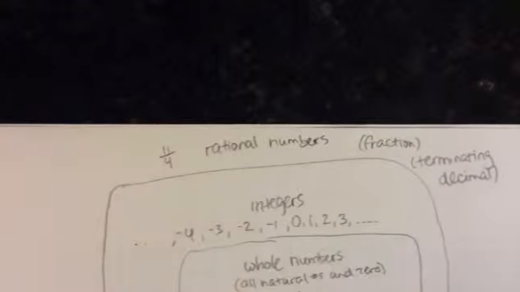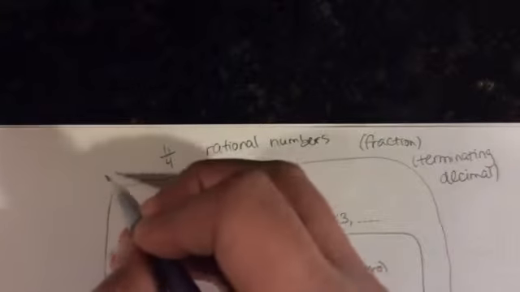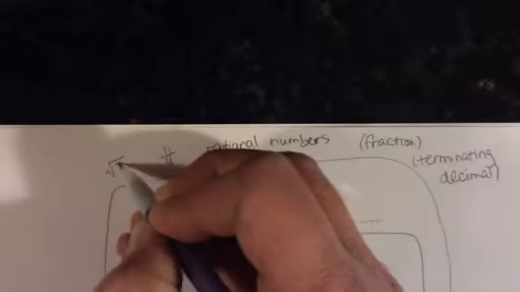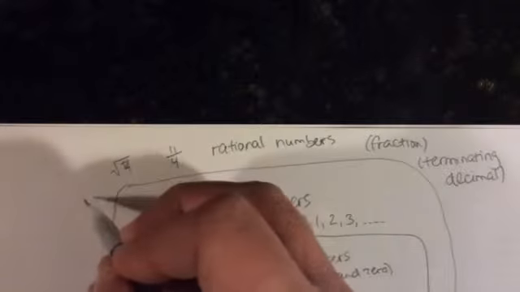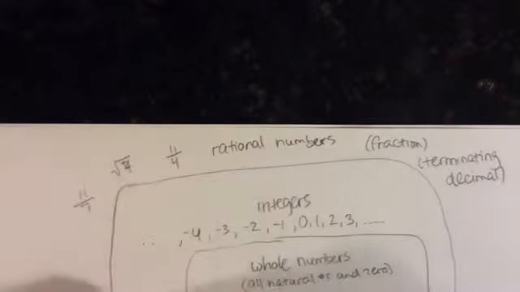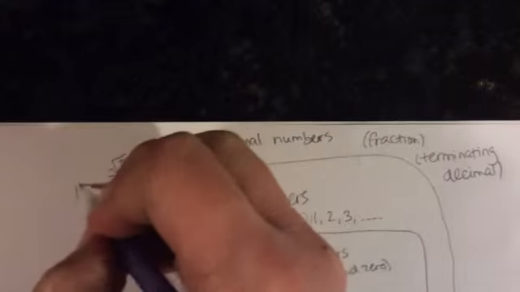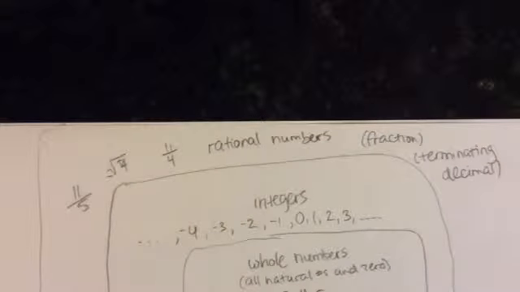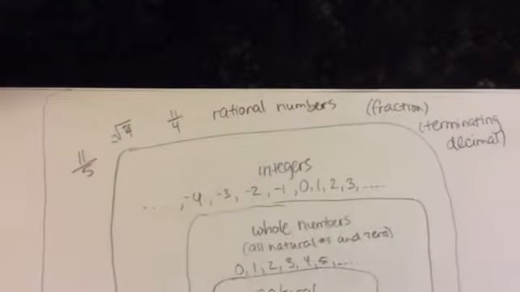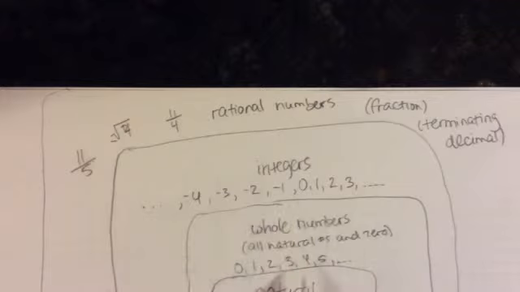So that'll be things like 11/4, the square root of 4, and things like 11/5. Rational numbers include all of these right here.